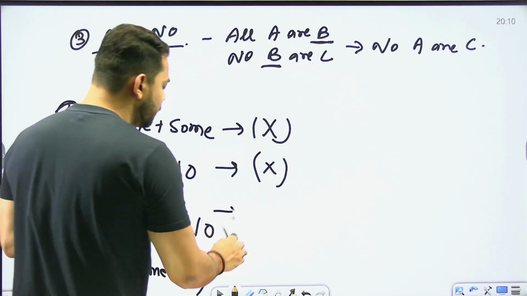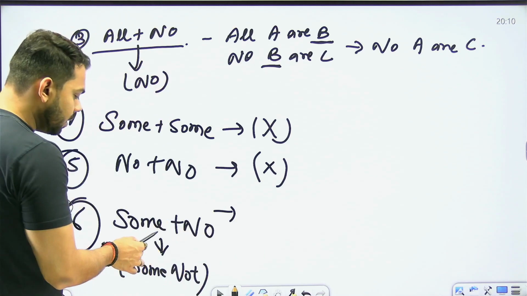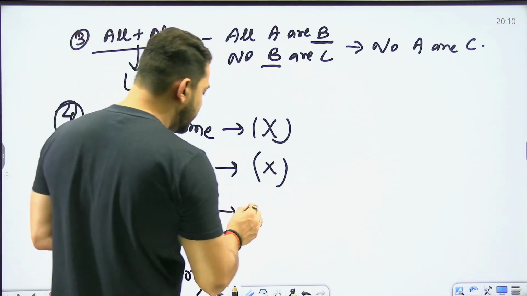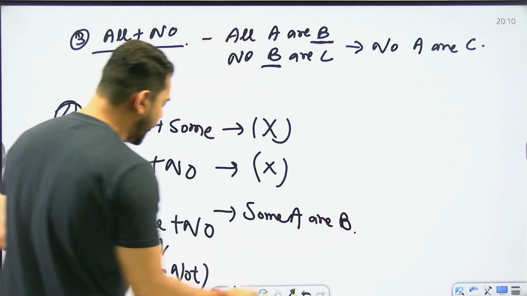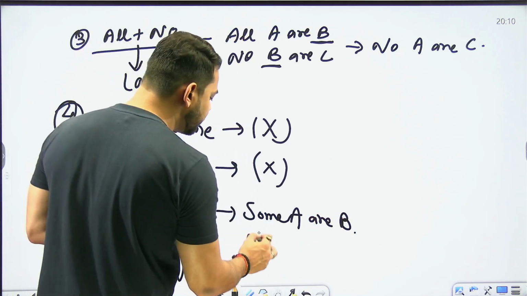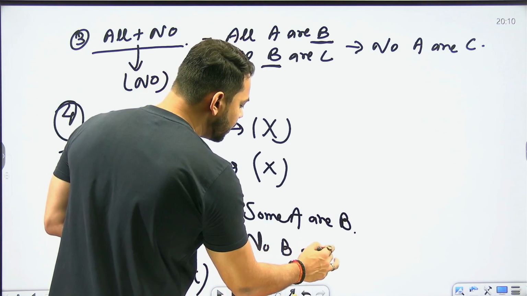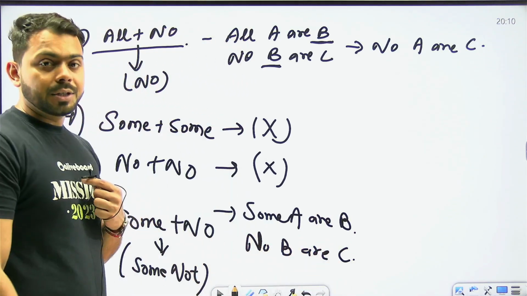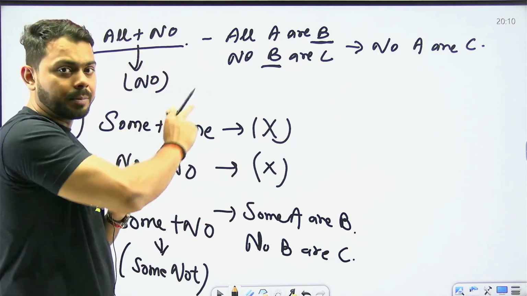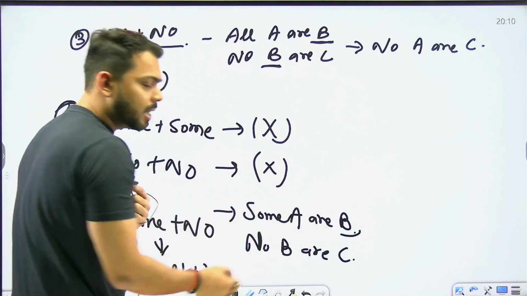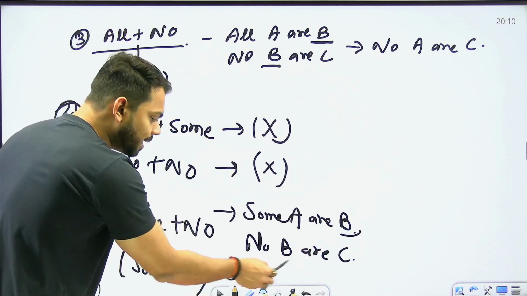For example, if the first statement is some A are B, and the second statement is no B are C. So there is a permanent condition when we talk about the combination of statements. The predicate of the first statement should match with the subject of the second statement.